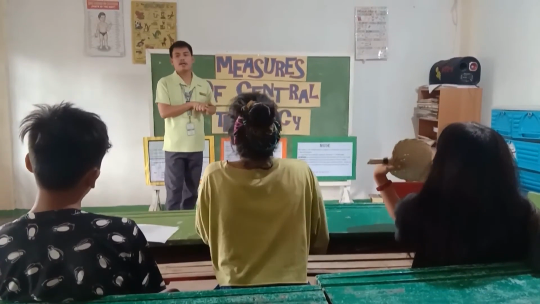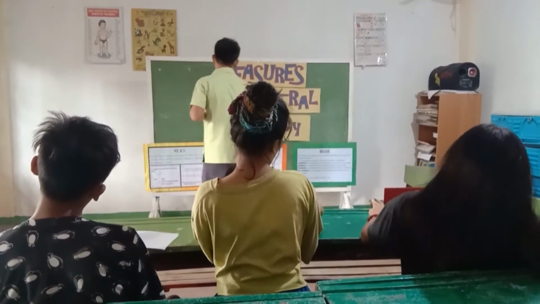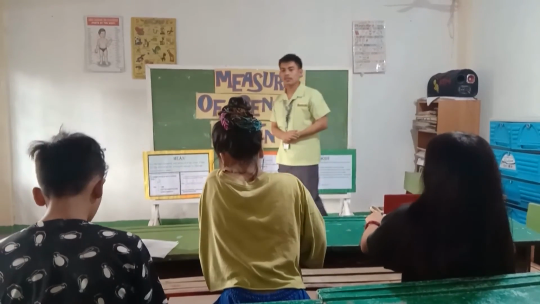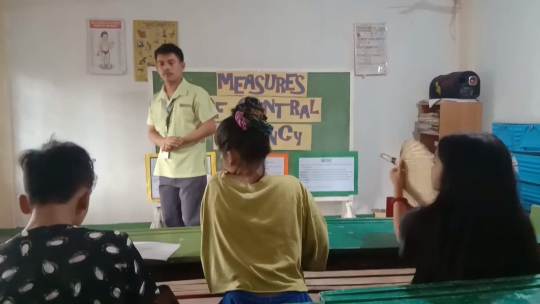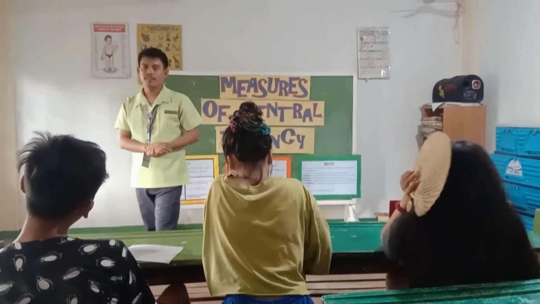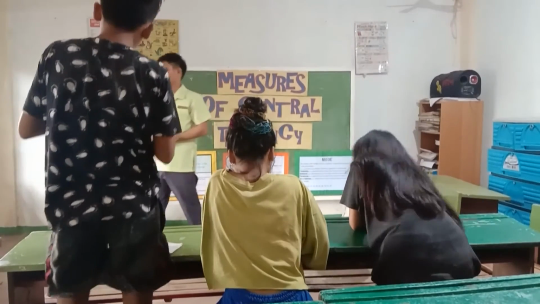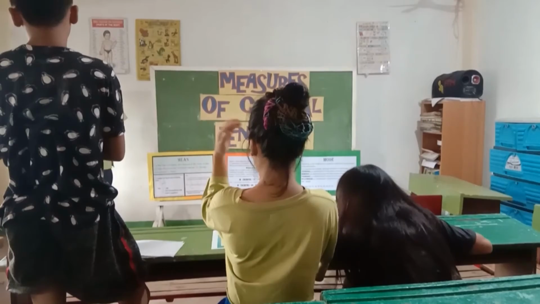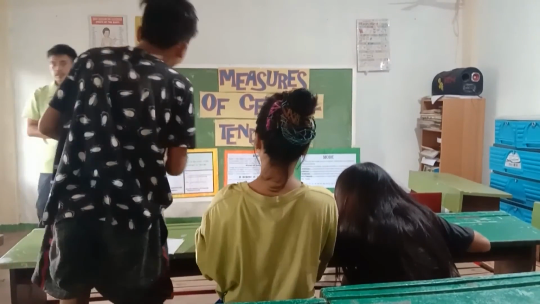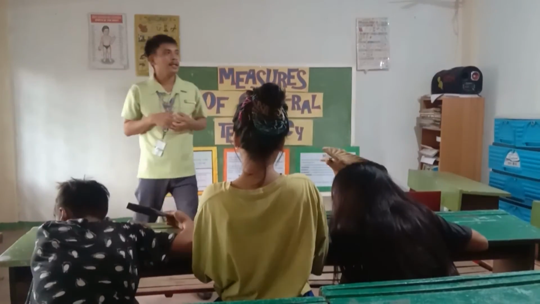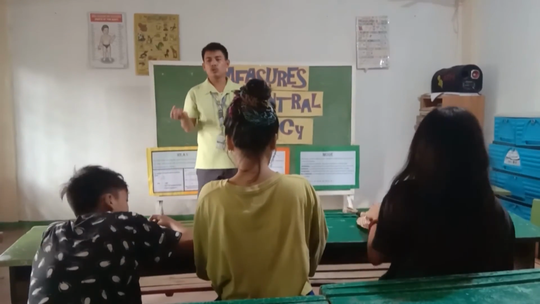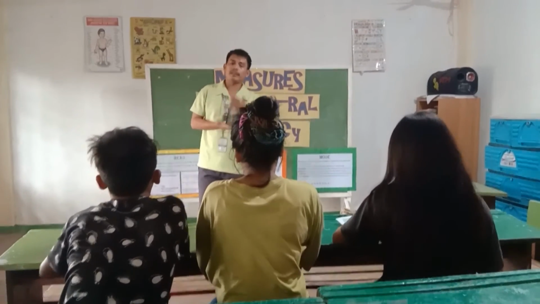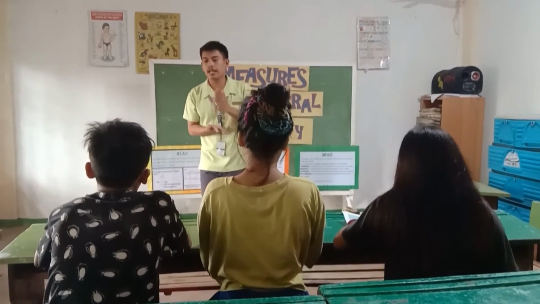Let's give her 5 claps. Next, who got the question about median? Okay, John Briggs. Louder. How can we get the median? So, we are going to determine the median by looking for what score is in the middle, or nasa gitna.